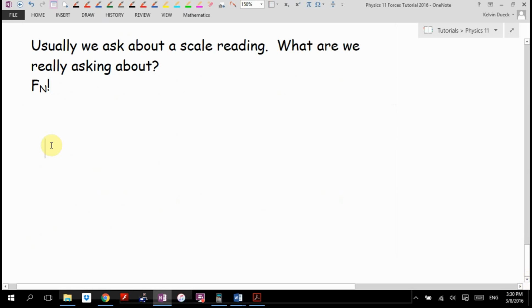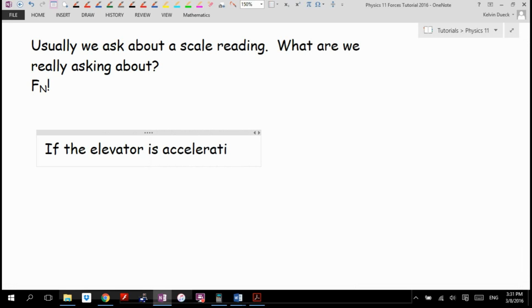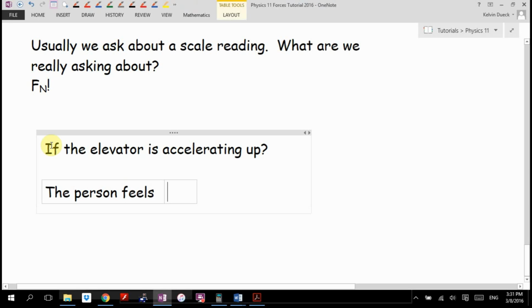Some thought experiments. If the elevator is accelerating up, the person feels heavier, lighter, the same. Convince me.